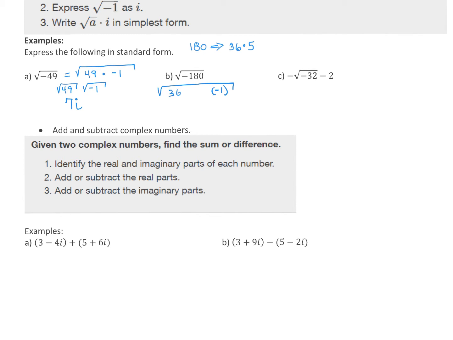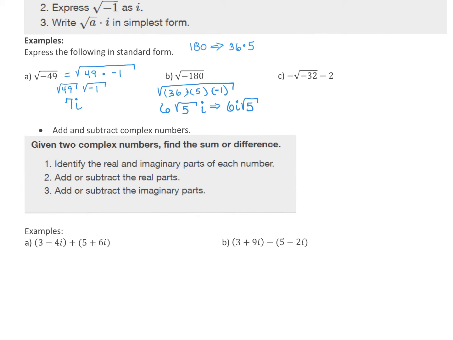So I'm going to rewrite this like this, and then take the square root of each piece. So the square root of 36 is 6. I cannot take the square root of 5, so I will leave that there. And the square root of -1 is i. I prefer to write this as 6i root 5 just because it seems cleaner.